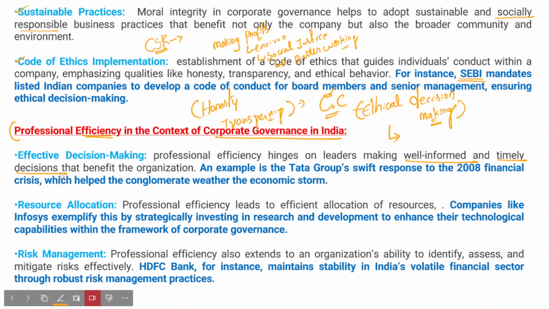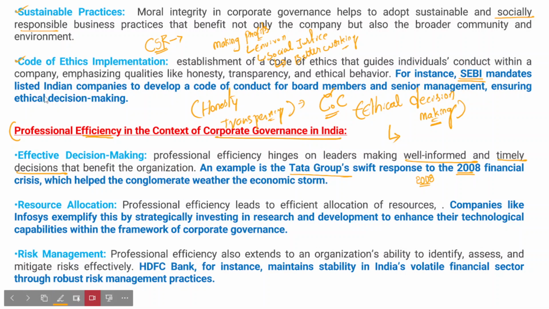Now, if you look at an example of the Tata Group, its swift response in the 2008 global financial crisis led to the conglomerate being able to withstand the economic storm that was created because of the 2008 global financial crisis.